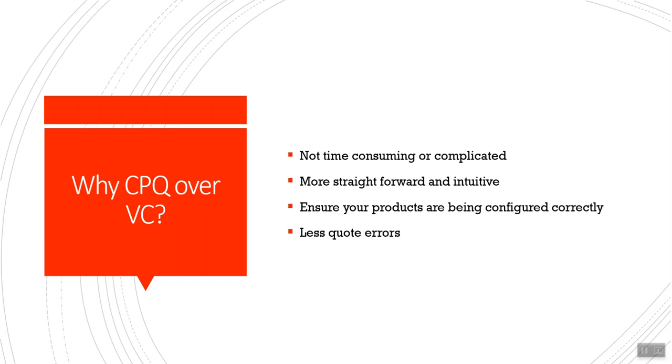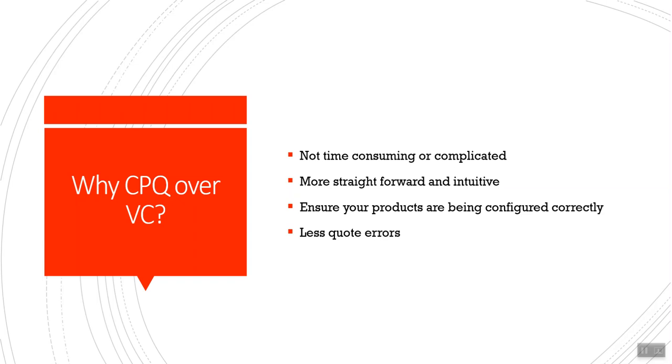You may be using variant configuration, and you may be wondering why CPQ over VC. Well, as you may have experience with variant configuration in SAP ECC, it is pretty time consuming and complicated, usually resulting in a lot of headaches, specifically when you need to create attribute dependencies.